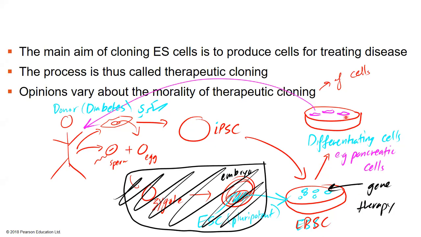So sometimes you only need cells to treat, for example, if someone had a car accident and his or her liver cells are damaged, all they need is just liver cells. Or someone has diabetes and all they need is just pancreatic cells that can produce insulin. But sometimes someone has a genetic disease because of a mutant gene.